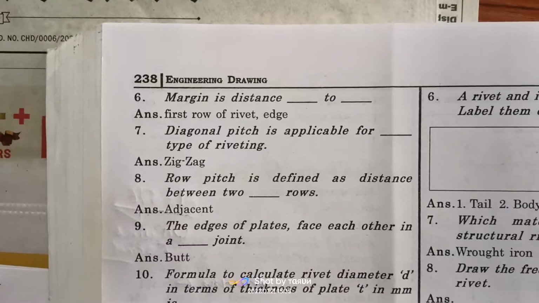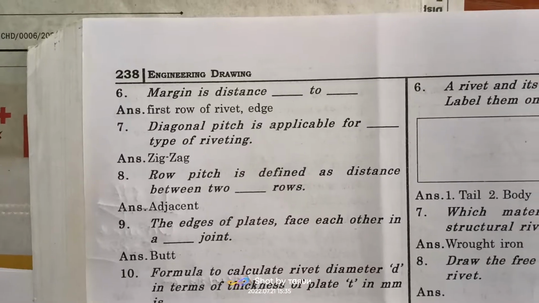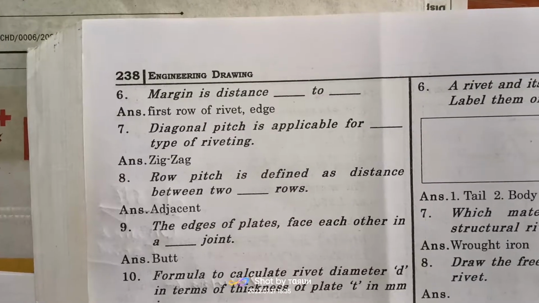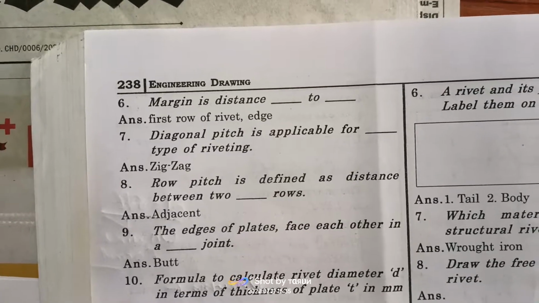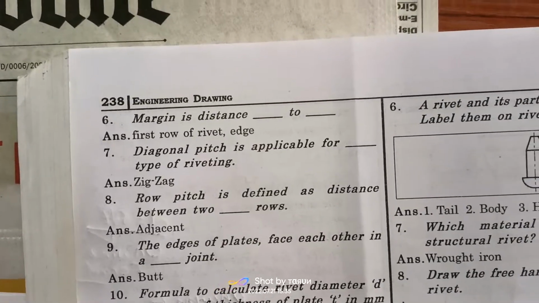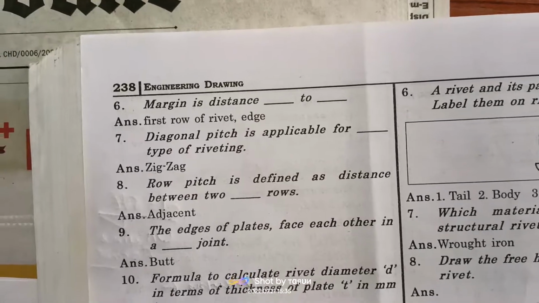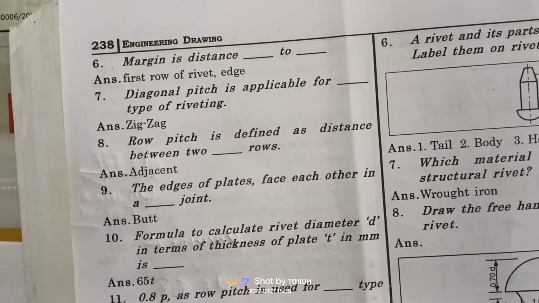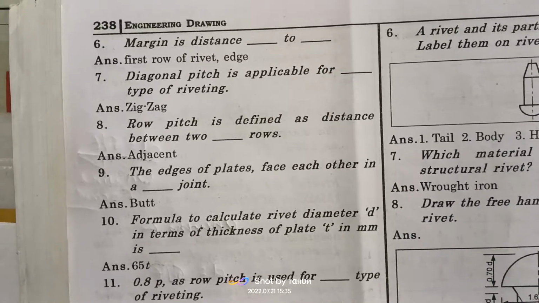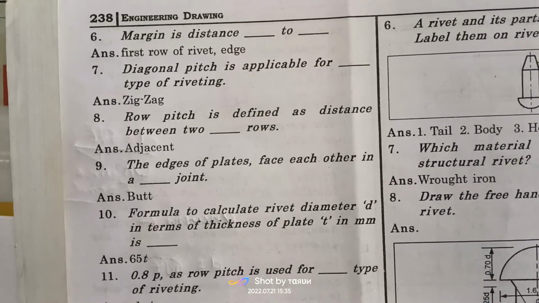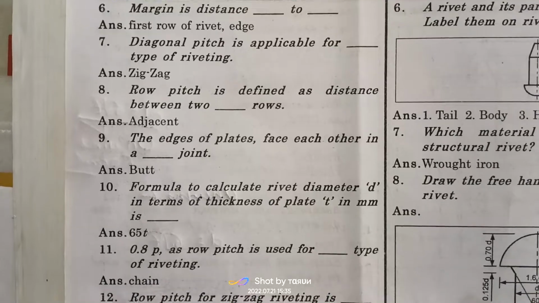Question number 6. Margin is the distance from first row of the rivet to the edge. First row to the edge is margin. Question number 7. Diagonal pitch is applicable for zigzag type of riveting. We use diagonal pitch. Question number 8.